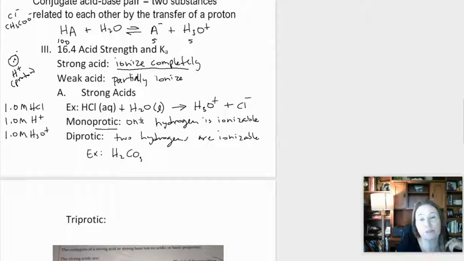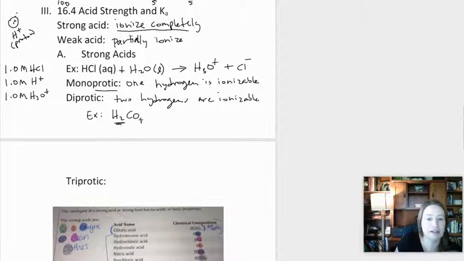Carbonate is CO3 2 minus. With the hydrogens, it becomes carbonic acid. And both of those hydrogens are able to be ionized and form H plus floating around, which will then attach to water and make H3O plus. So anytime you see these 2 hydrogens, it's going to be diprotic.